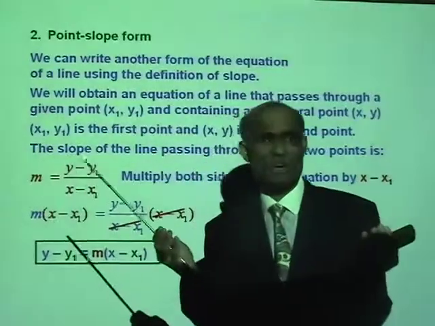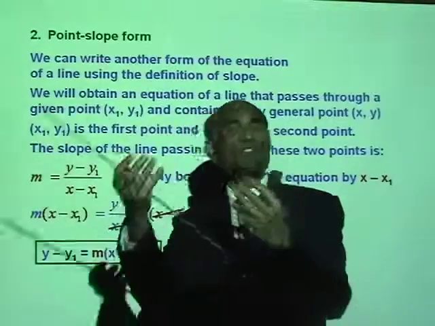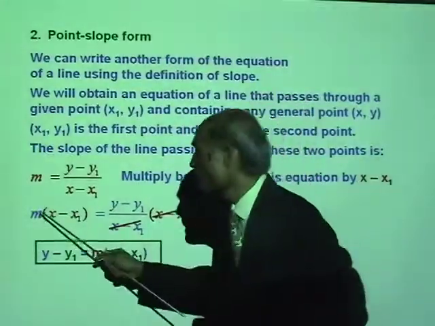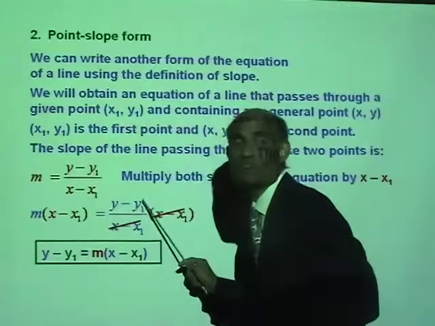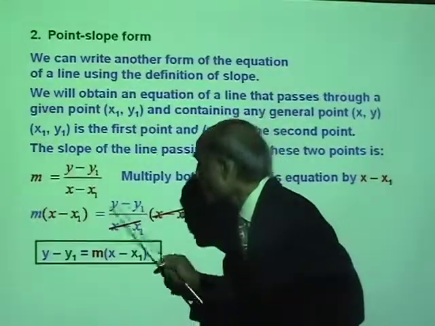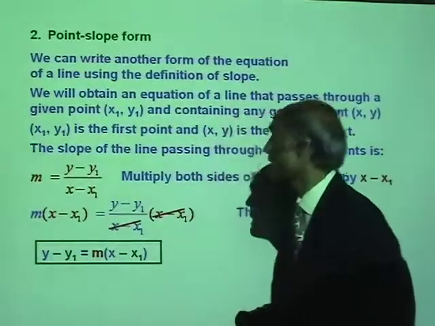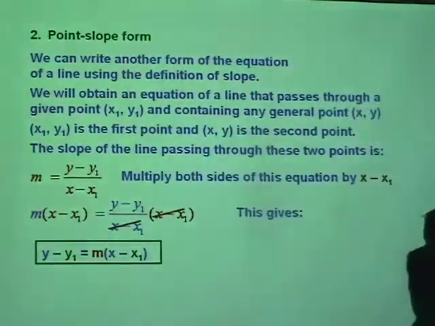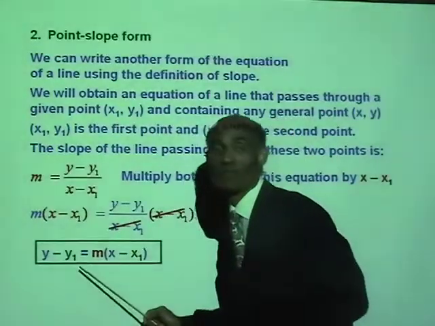That's possible, is that right? If y equal to x, then x equal to y. If m times (x minus x1) equal to y minus y1, then y minus y1 equal to m times (x minus x1). Now, this is an important relation.